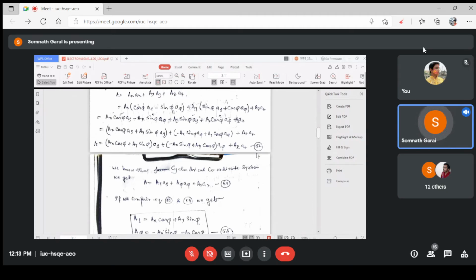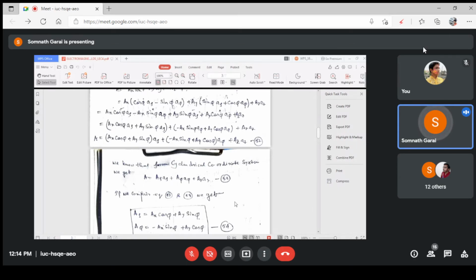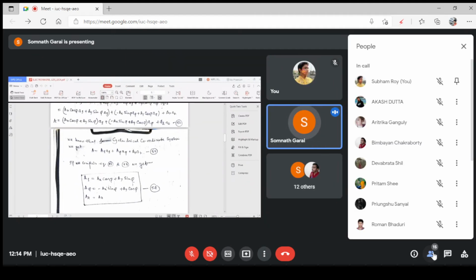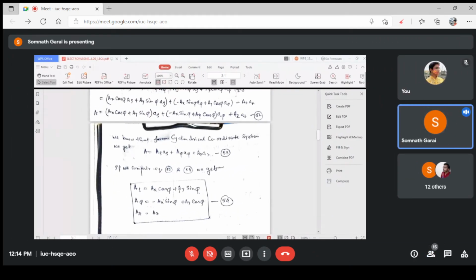Now if we compare equation number 52 and 53, we determine the magnitude components of the cylindrical coordinate system with respect to the Cartesian coordinate system. So A rho is equal to AX cos phi plus AY sin phi, right?